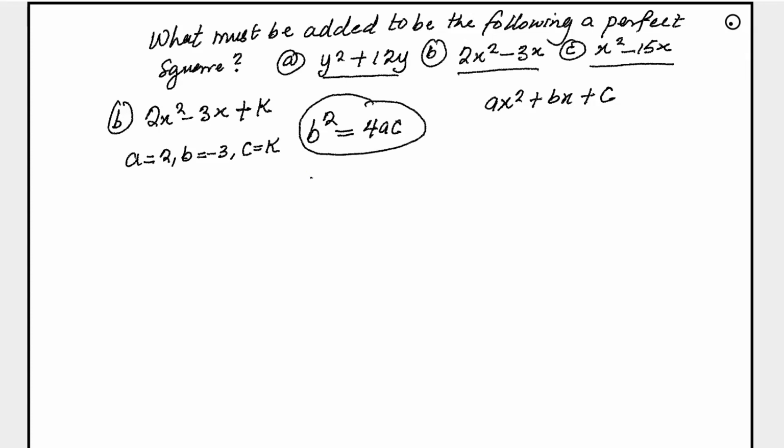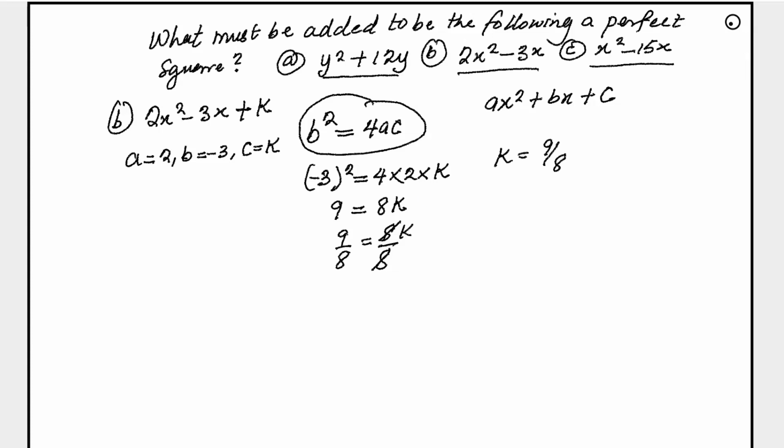What is b? Minus 3 squared, 4 times what is a? 2. What is c? k. Minus 3 squared, that is 9, is equal to 4 times 2 times k, that is 8k. So we are looking for k, I will divide through by 8. So this cancels this. So here, my k is 9 over 8.